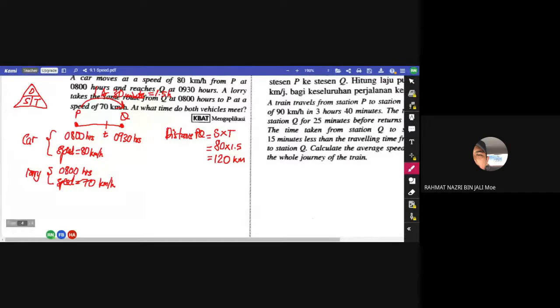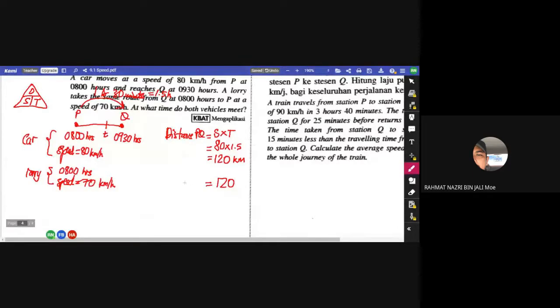So for the total journey, 120, total distance, we can find out the time that both vehicles meet.